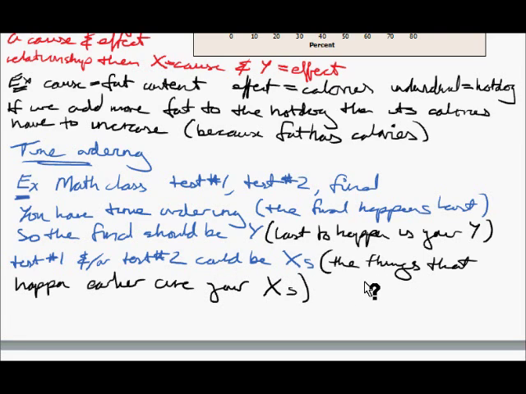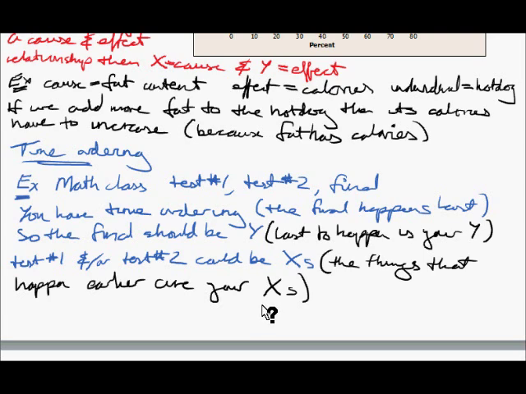This makes sense. It goes along with cause and effect. The reason is, if you just think about it, the things that happen earlier in time, test 1 and test 2, could affect how well you do on the final. Actually here, how you do on test 1 could affect how well you do on test 2. And how you do on test 1 and test 2 could affect how well you do on the final.